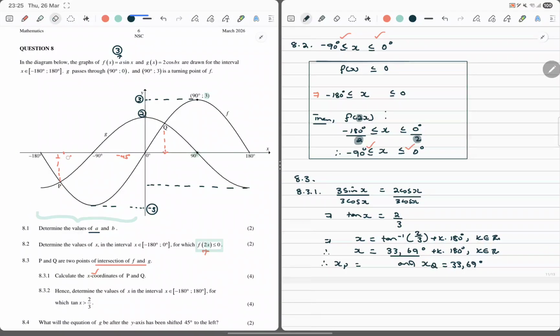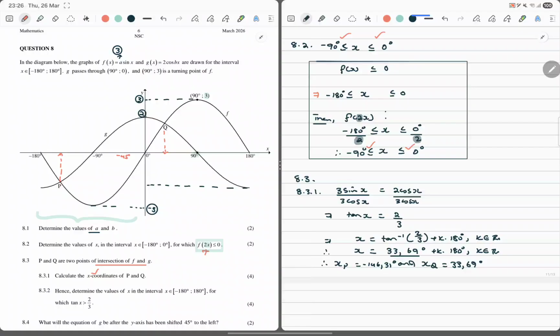Okay, let me remove this 135. So we want to know what is that value there. Great, so let's find out. What should it be? Now we say k is minus 1, so this is minus 180 plus 33.69. This gives us a minus 146.31 degrees.